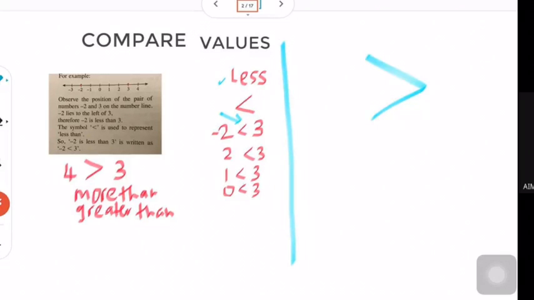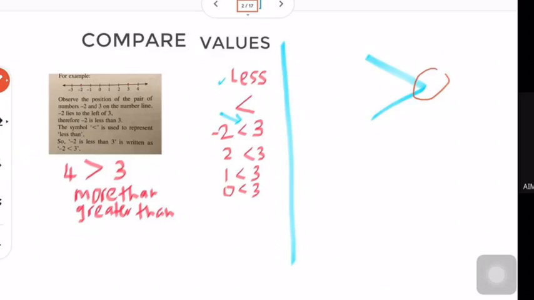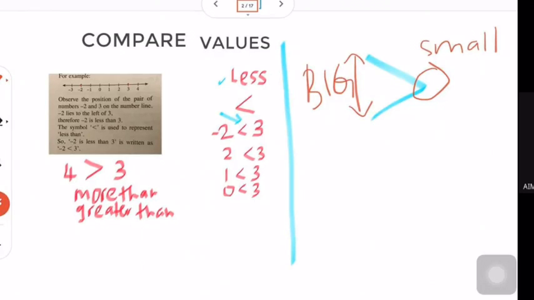So whatever value sits at the big side must be bigger than the value at the small side.